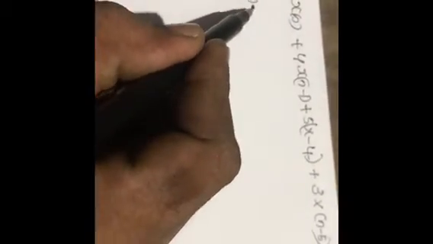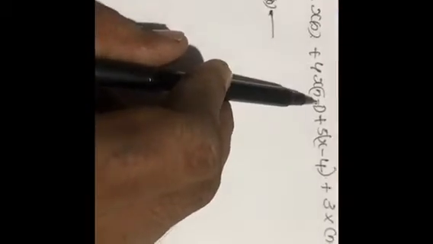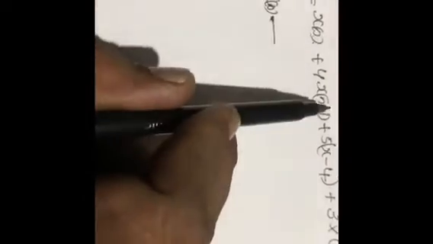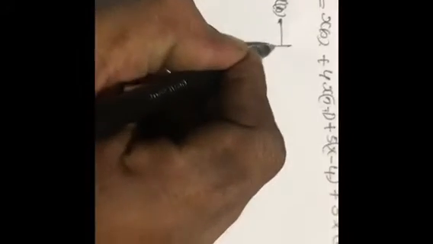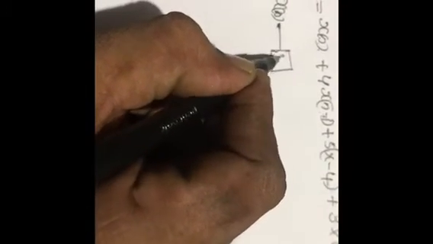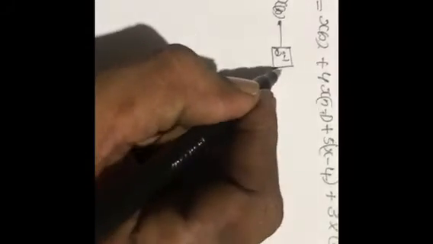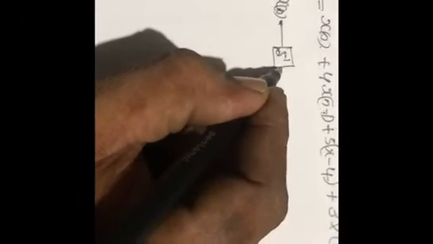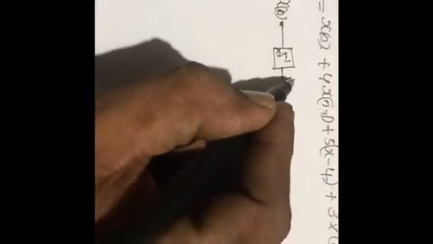From this point, I draw a line. From this equation, it is clear that the first sequence is shifted by 1. That shifting is z^-1, and the output of that delay network is x(n-1).